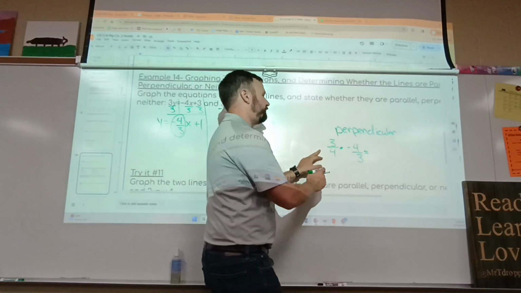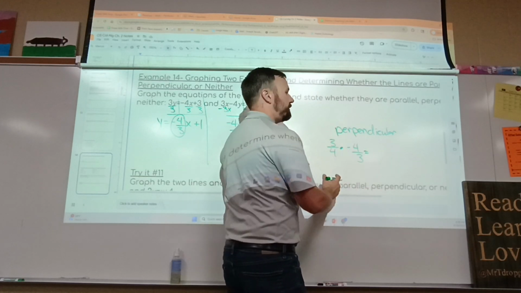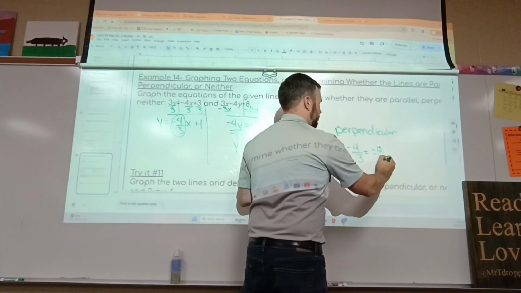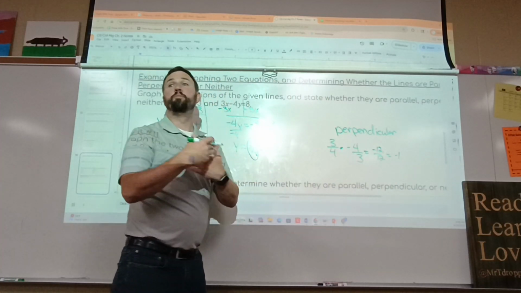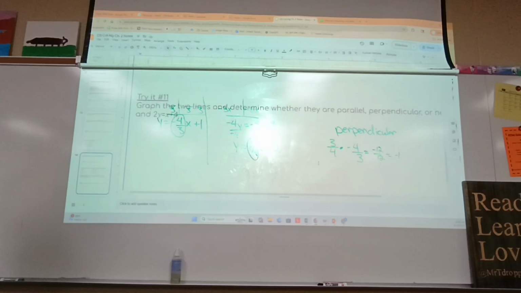But there's meaning behind it. Like, why are we doing this? Why is that important? So when I multiply those, you get negative 12 over 12, negative 1. So that's how you'd prove they're perpendicular. If the slopes multiply to be negative 1, they are perpendicular. You don't have to do it that way.